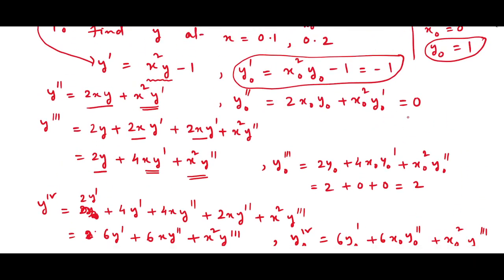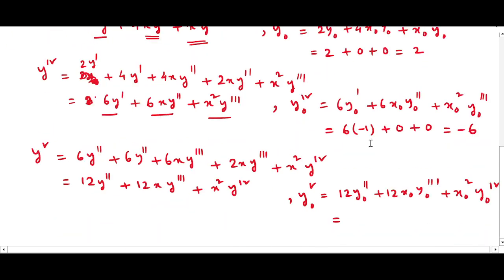You see, y naught double dash is 0, and in the other two terms we have x naught. x naught is 0, so here the whole value is 0. So again y naught 5 is 0.